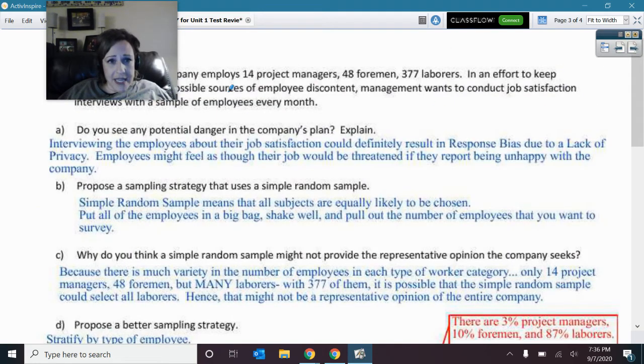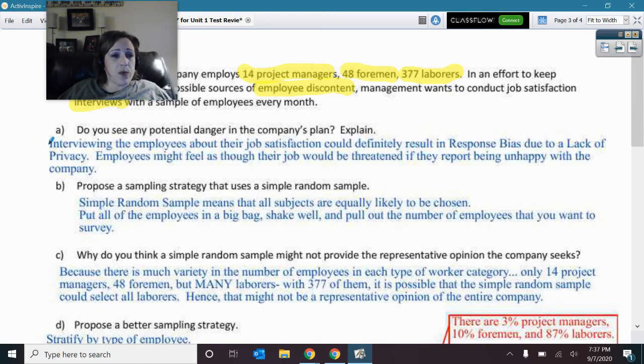All right, so next we had a company with 14 project managers, 48 foremen, and 377 laborers. So there were definitely different categories. They were going to interview the people about their job satisfaction, and any possible sources of employee discontent. So are the employees not satisfied? And so do you see problems?